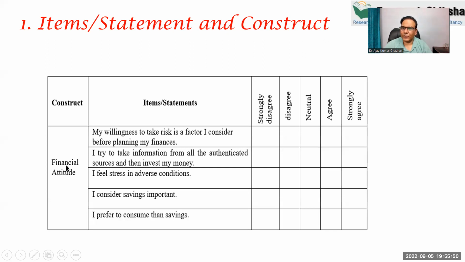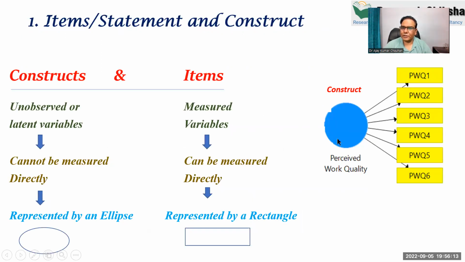Financial attitude is a construct, and financial attitude is measured by 5 statements. These statements are basically the yellow rectangles or the indicators. So you need to understand what is the meaning of the construct and what is the item.